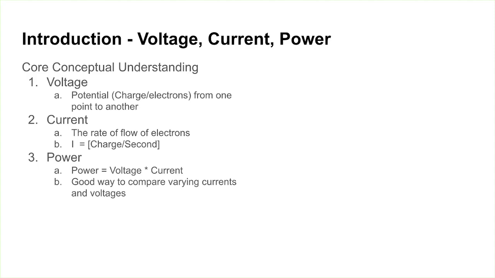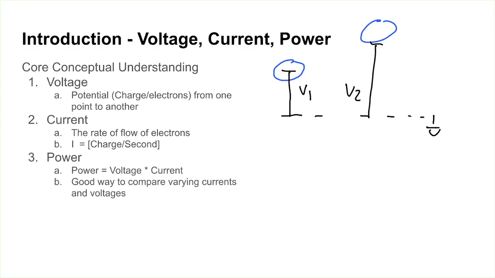Here's our floating mass of water, and this value from the ground, which we'll call our reference or our ground, is going to dictate how much potential we have. If this is V1, something up here can be called V2, and obviously V2 is at a greater potential than V1. It really has nothing to do with the amount of water.